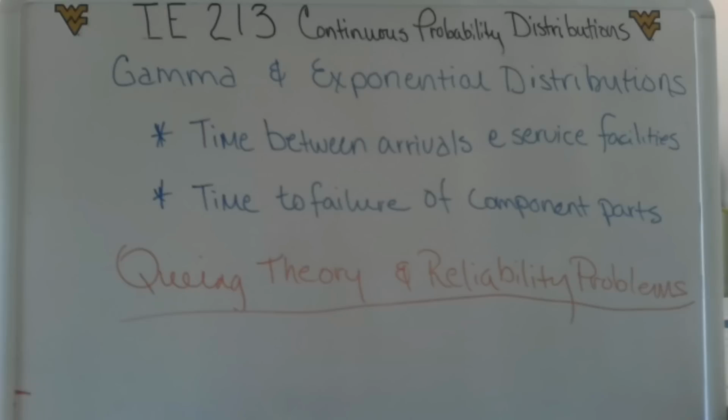The relationship between the gamma and exponential allows the gamma to be used in similar types of problems. The gamma distribution derives its name from the well-known gamma function, studied in many areas of mathematics.